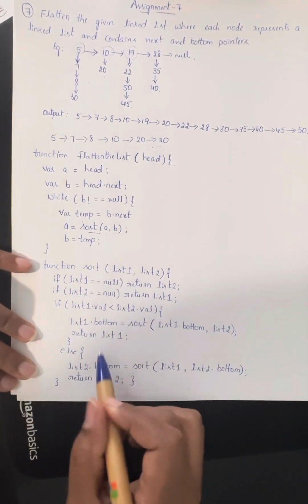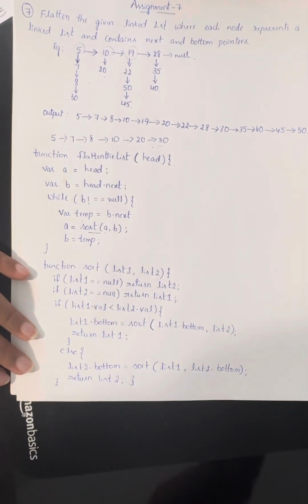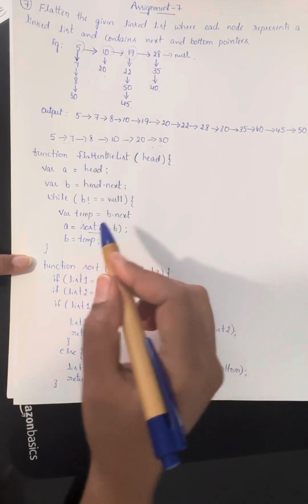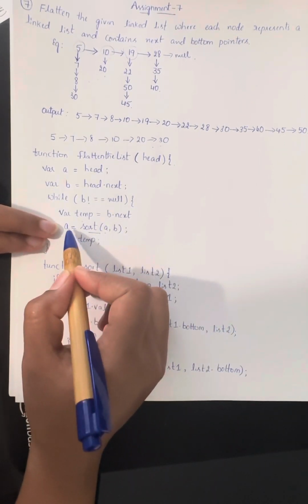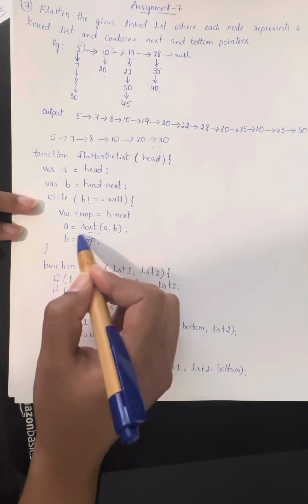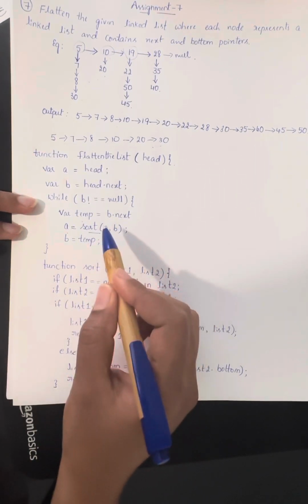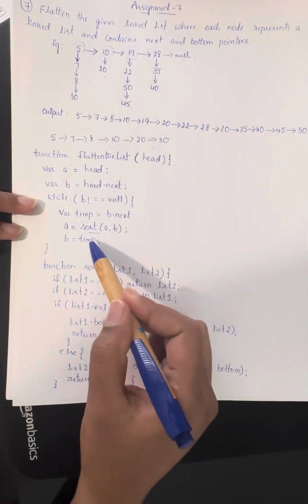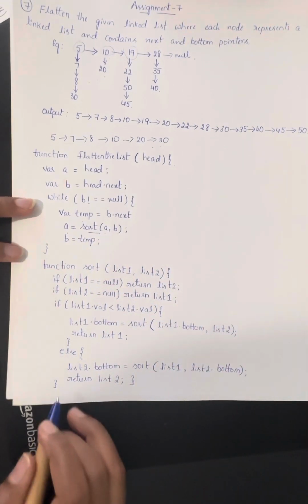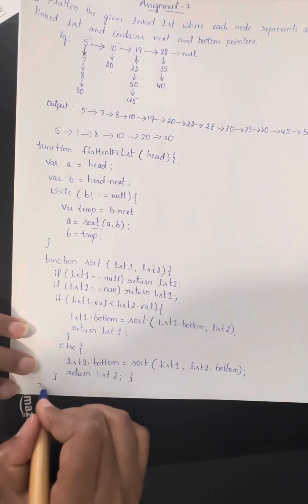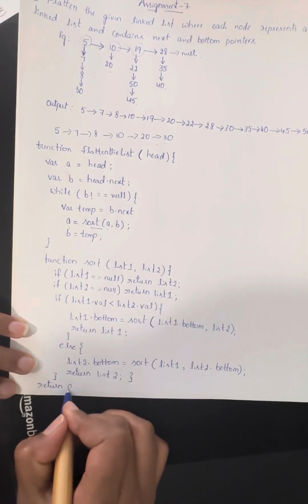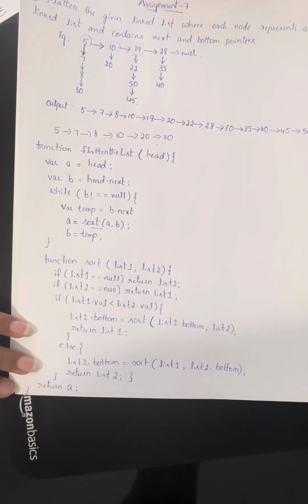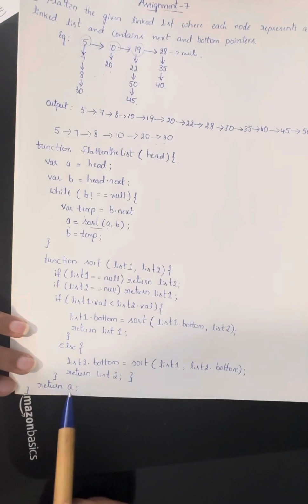So this is the sort function, which merges the two lists, and the result of this is returned and stored in a, and this while loop continues. We do the merging of the output with the next node, and finally we need to return a, because all the merged output is stored in a. So we need to return a.